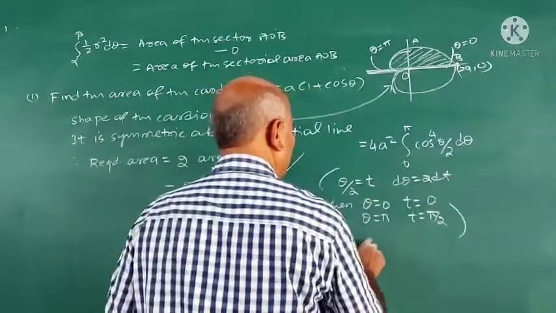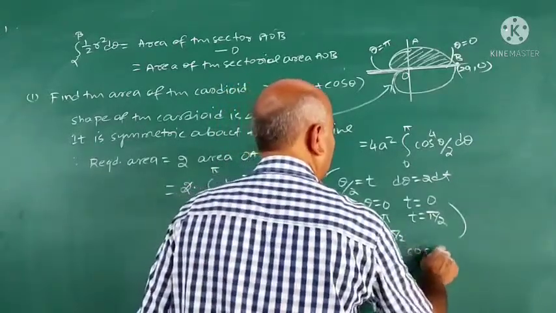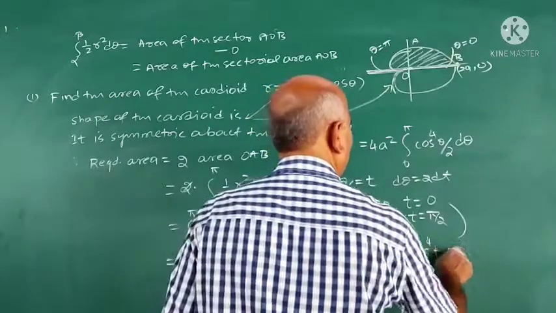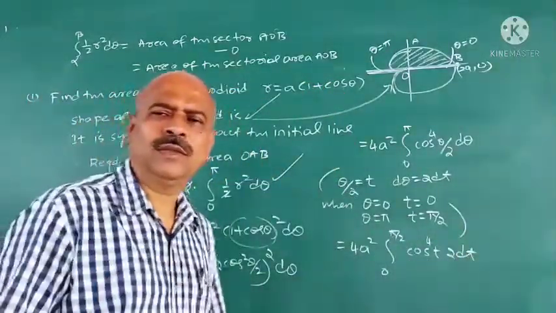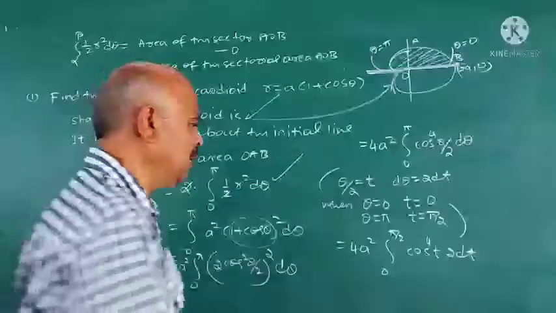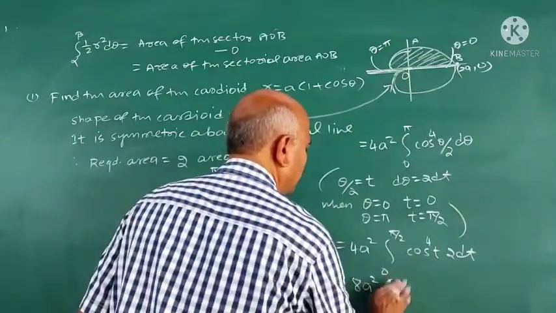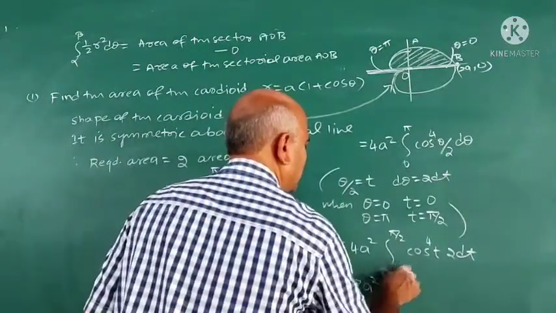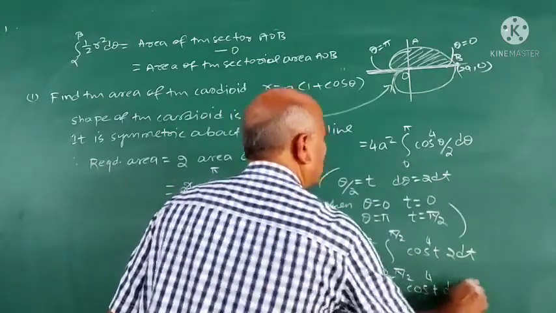So it becomes 4a² times the integral from 0 to π/2 of cos⁴t · 2 dt. Everything is okay here; a very standard problem. It is 8a² times the integral from 0 to π/2 of cos⁴t dt.